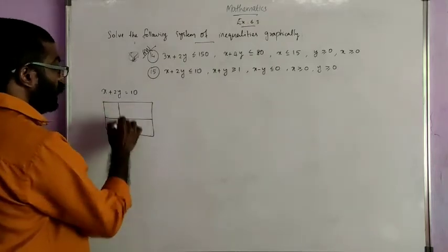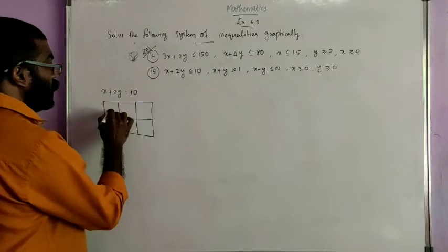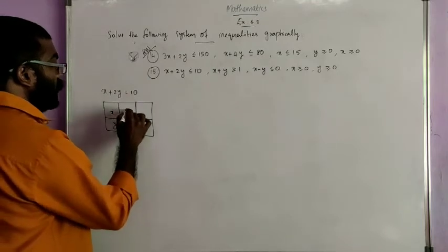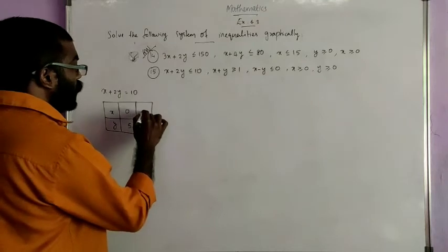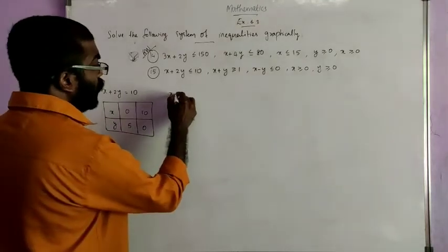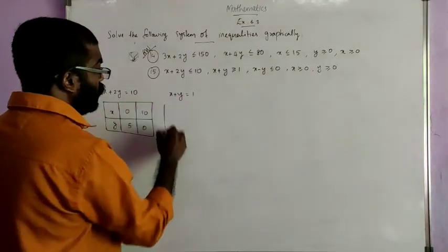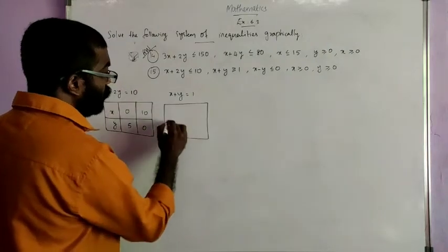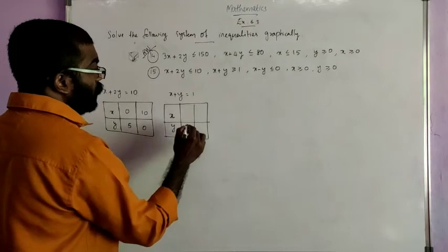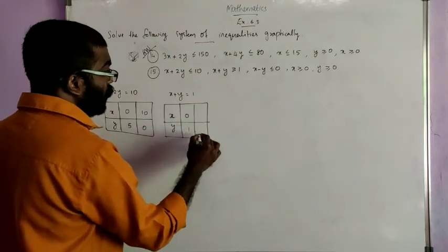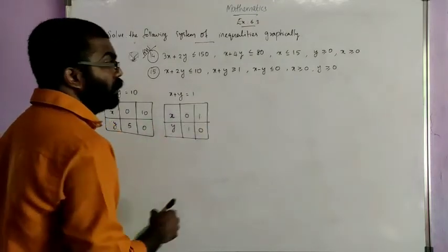From this we can find two values for x and y. When x equal to 0, y equal to 5, and when y equal to 0, x equal to 10. Second one, x plus y is equal to 1: x equal to 0, y equal to 1, and y equal to 0, x equal to 1.